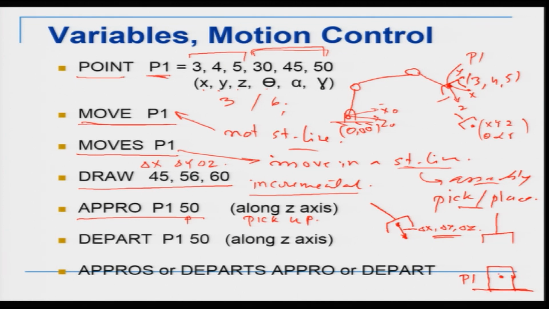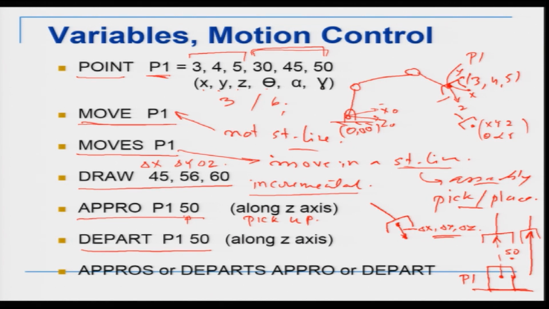So, what we will do here is, first if I say approach P1, this robot will go in this is my z direction. So, in the z direction from P1 it is going to keep a distance of 50. Okay. So, approach P1 50 means it will go and position just on top of the point P1 and keep a distance of 50 from that. If we say depart, okay, depart means after catching it, it is again going to go up this way and stop on top and keep a distance of 50.